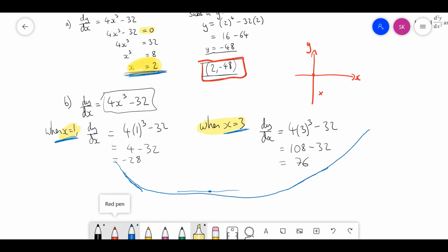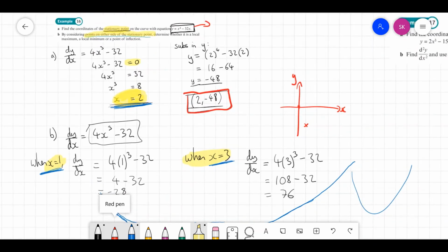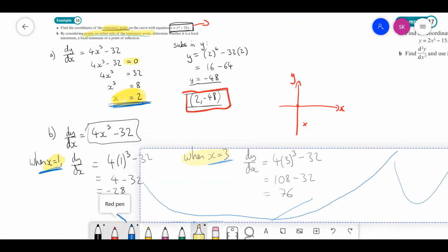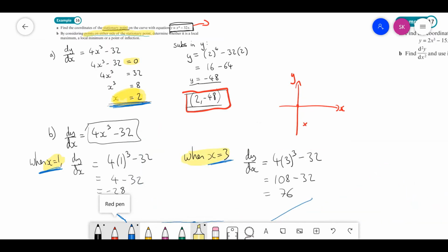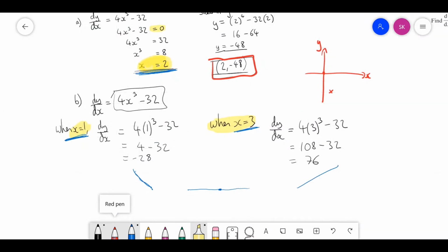It must be a smiley face. So using the points either side, x equals 1 and x equals 3, I've managed to show that this is a local minimum point.